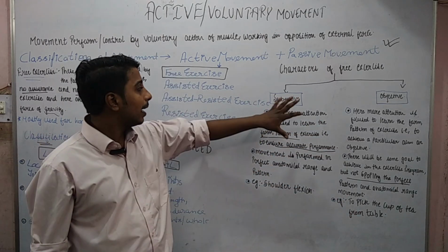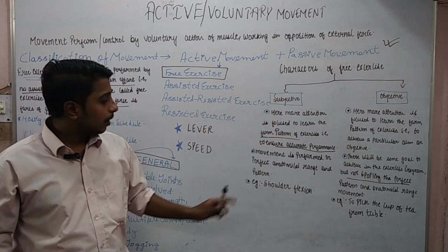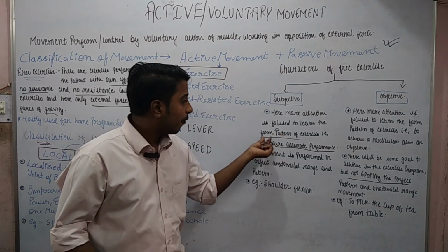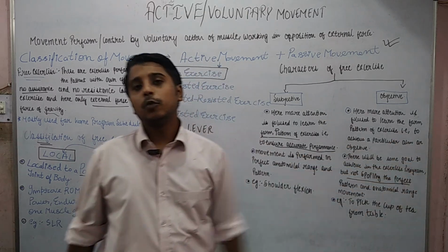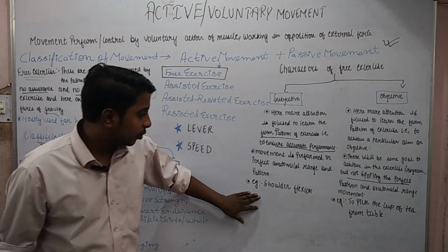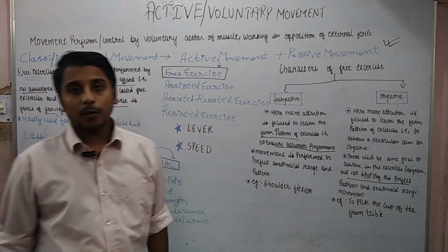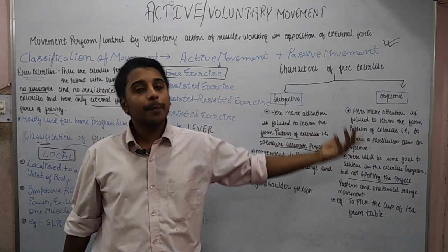Simply you can learn that subjective is the perfect anatomical movement. You need to focus on form and pattern to ensure accurate performance, and in objective you give a goal to the person. You can see I have written here shoulder flexion and here to pick up the cup of tea from table. Similarly, you can give an example of hip joint also.